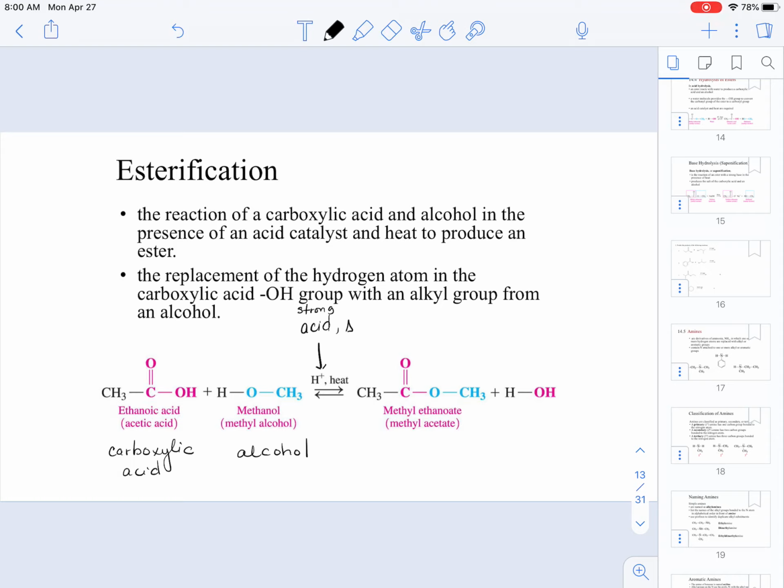In essence, overall, what is going to be happening is that the OH group in the carboxylic acid is going to be combined with the hydrogen atom in the alcohol. And if I highlight those atoms, once they come together, they're going to form a molecule of water.